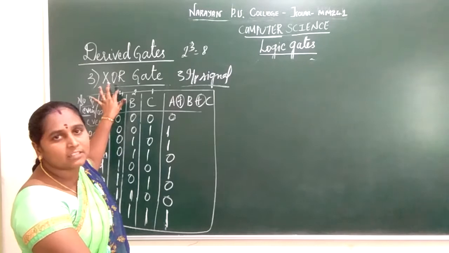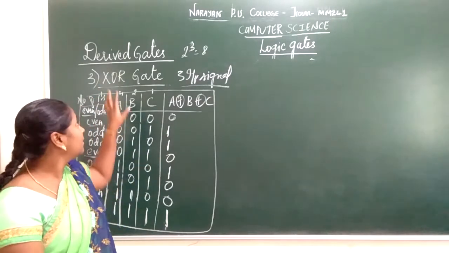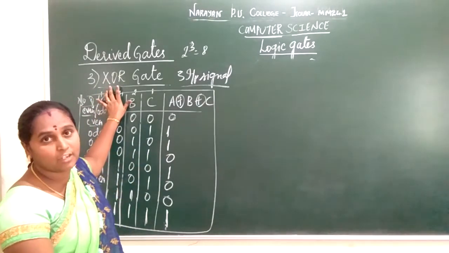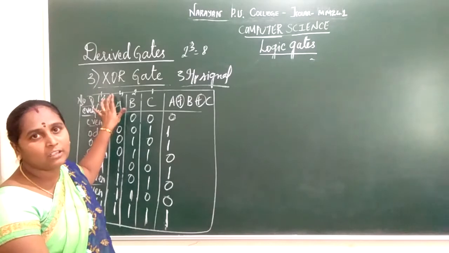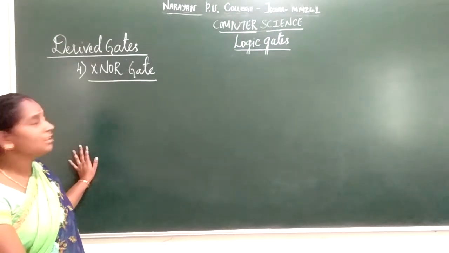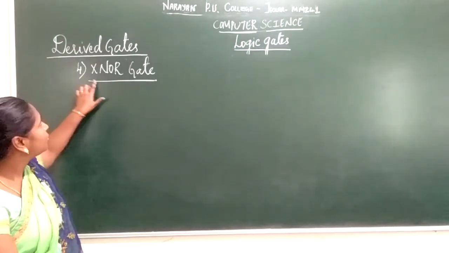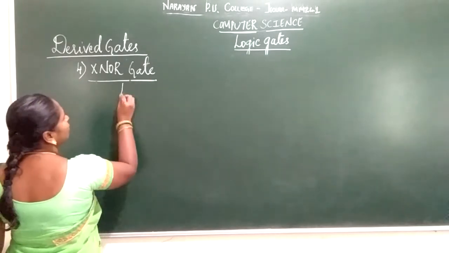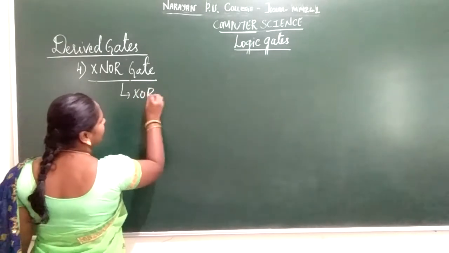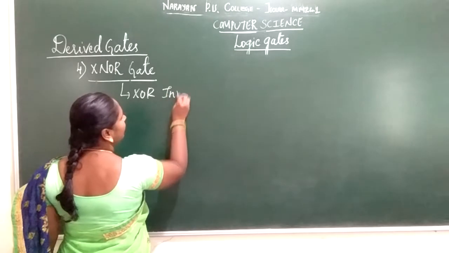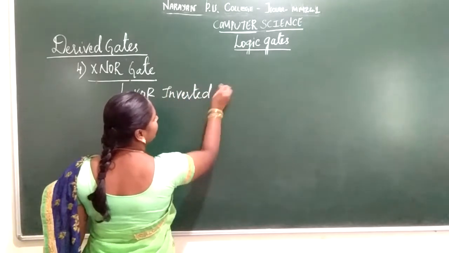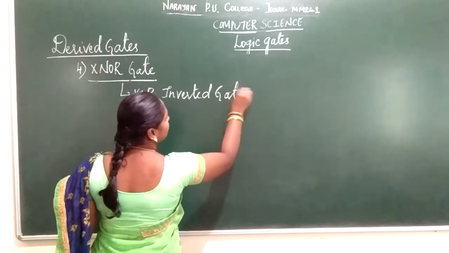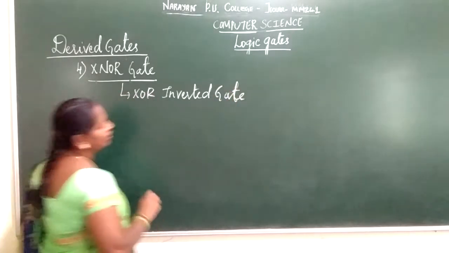Next we are going to discuss the fourth derived gate under the classification of gates, which is the XNOR gate. So the fourth derived type is the XNOR gate. It is also called the XOR inverted gate.